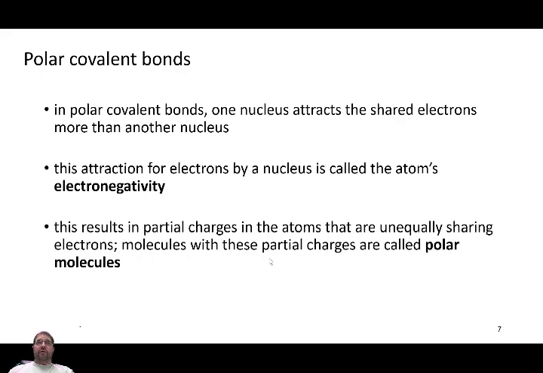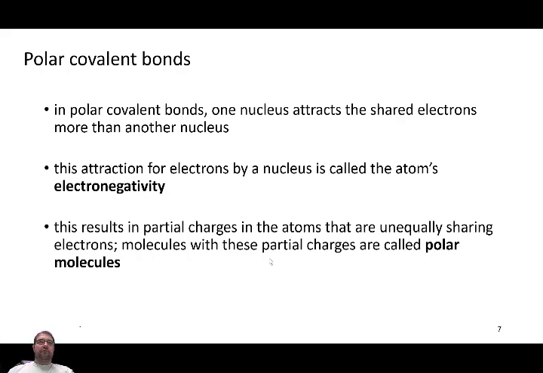This is very, very important because polar molecules will have different chemical properties and chemical behaviors. Most polar molecules are going to readily react with water because water is a polar molecule.